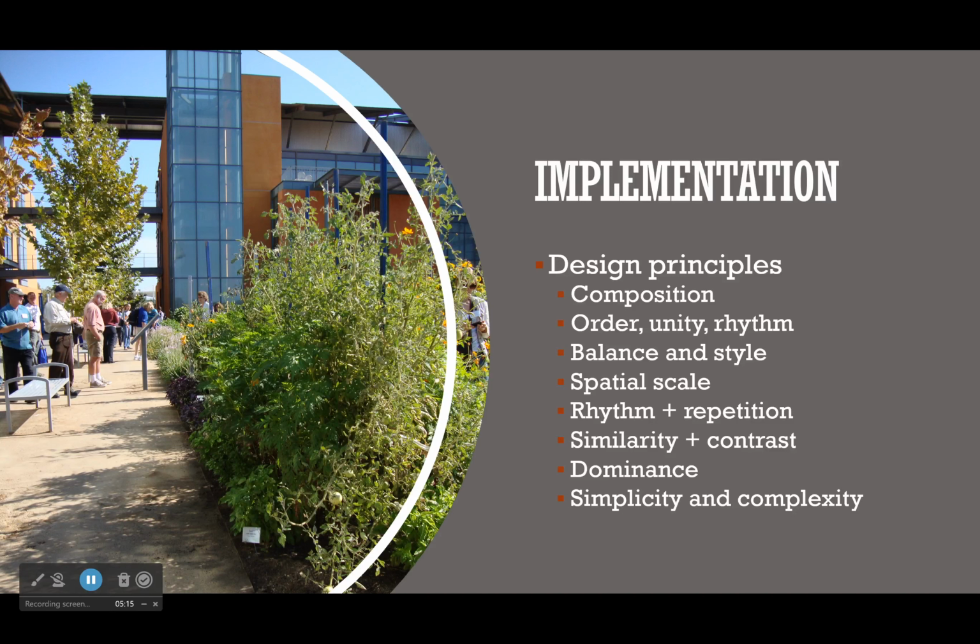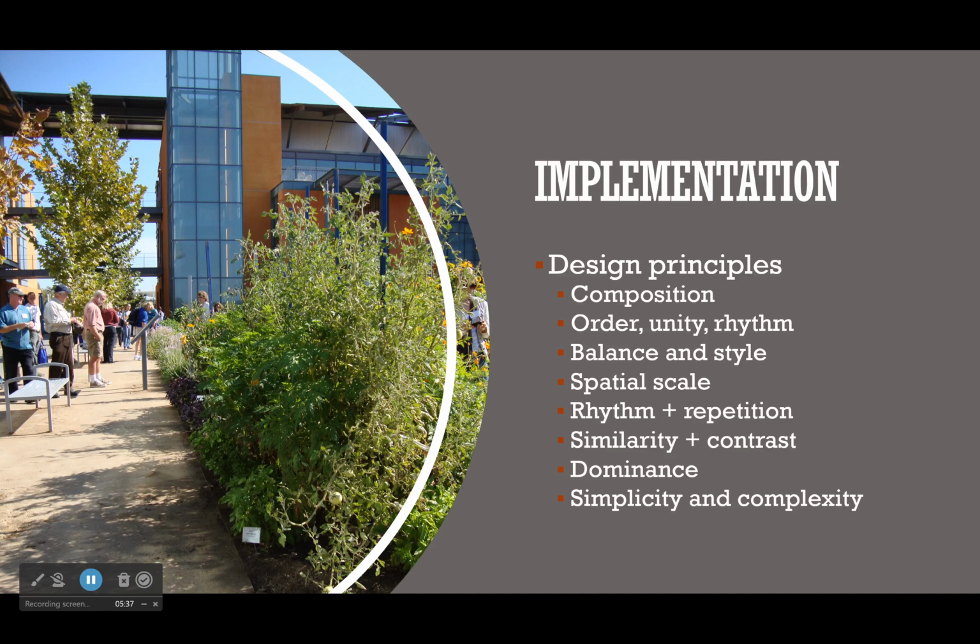So just some design principles as we're thinking and deciding what plants we really need to add to our landscape. Composition is really important. Order, rhythm, unity, balance and style. There's some spatial scale.